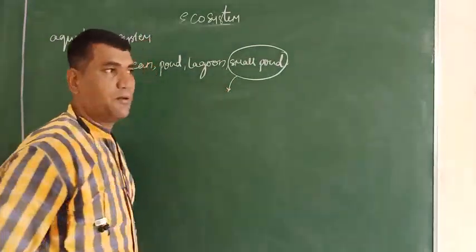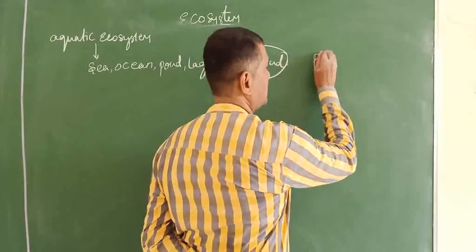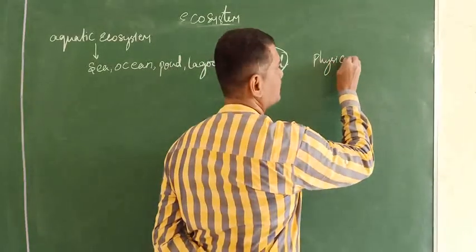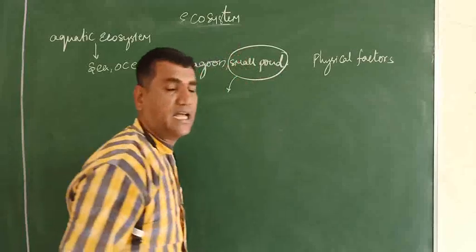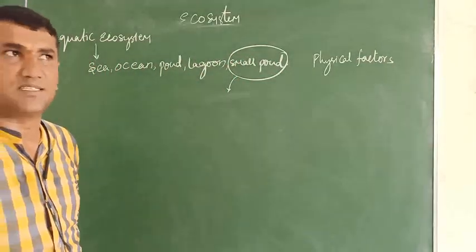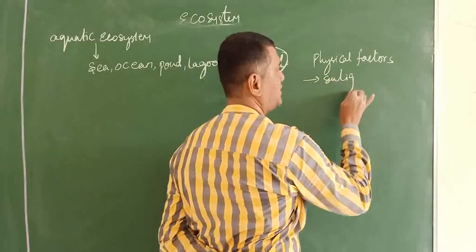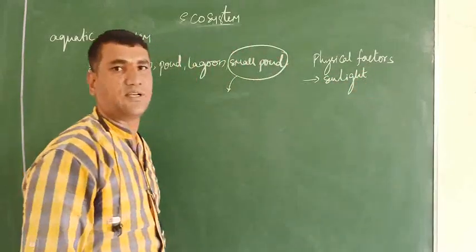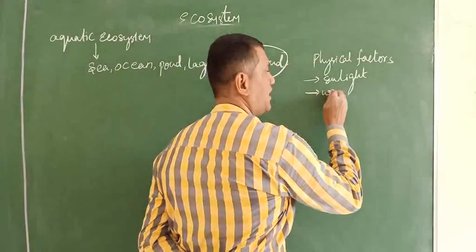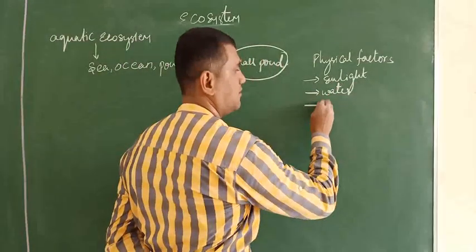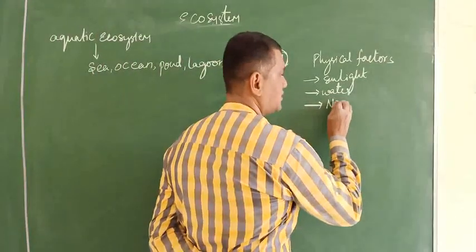In this small pond, we take the physical factors. For the essentials of life, what physical factors are required? The universal source of energy is sunlight, so light is one of the major requirements. Water is the second major requirement. Third is nutrients.